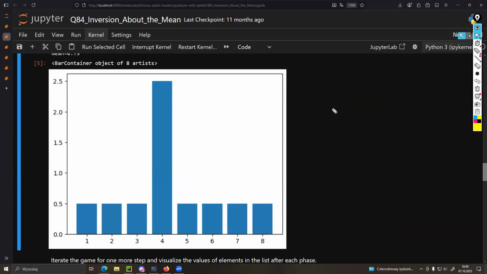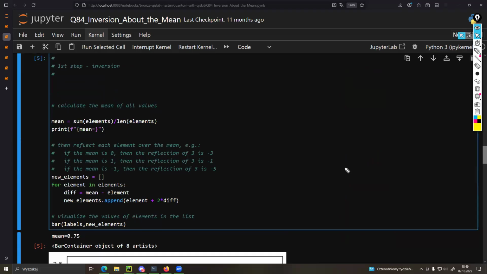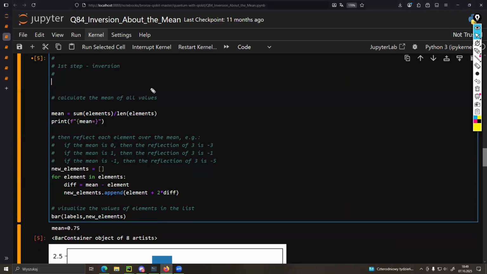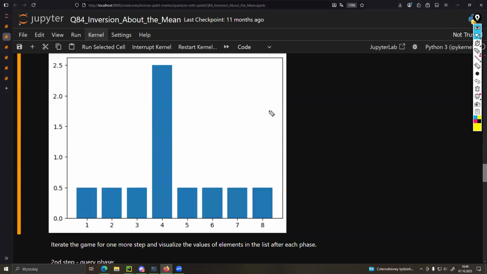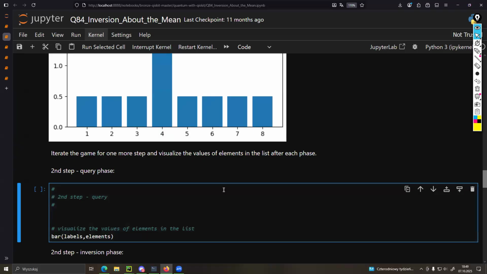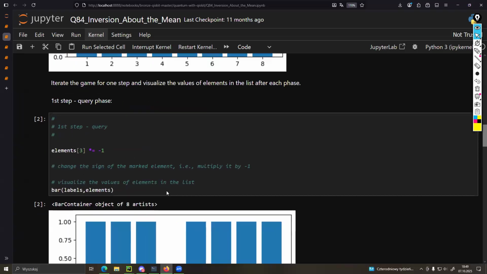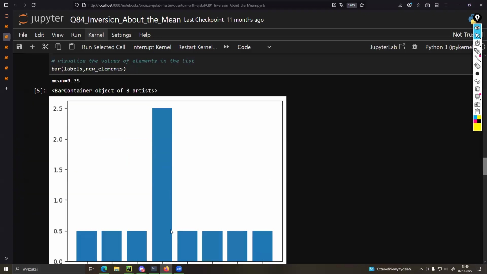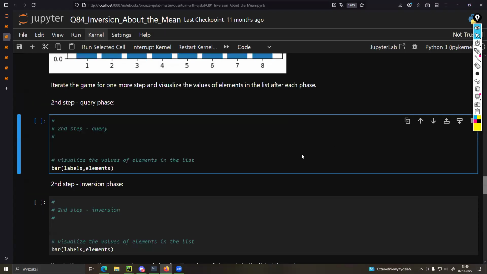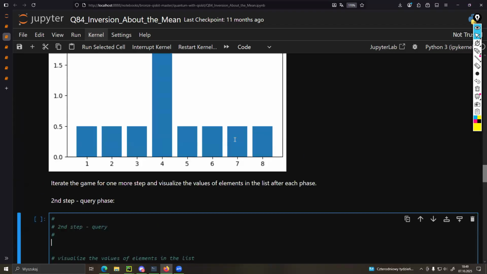So this is the idea behind the inversion over the mean and what it actually does in terms of its outcome, right? And we can repeat this over and over and over again.